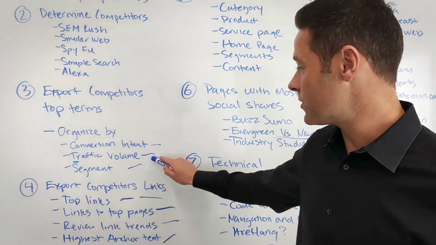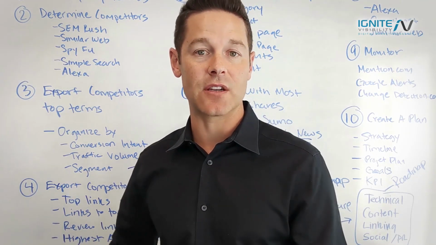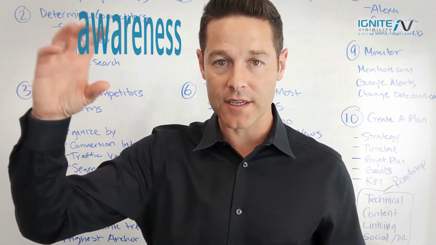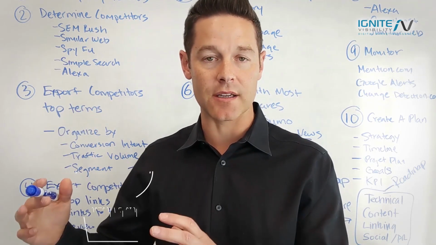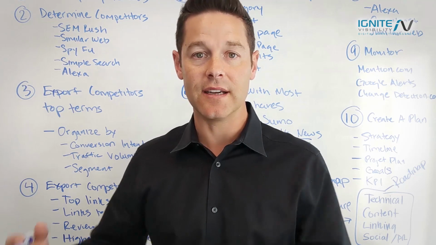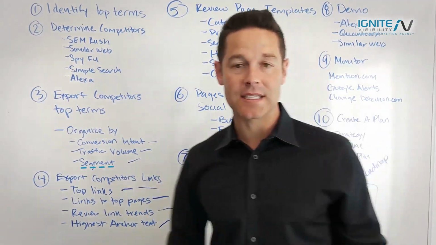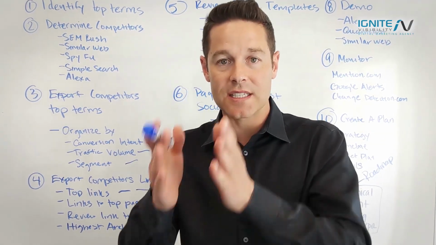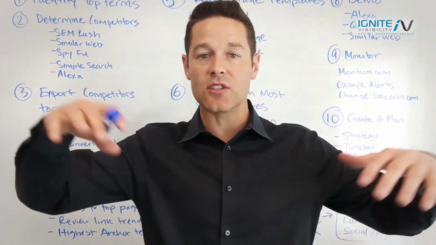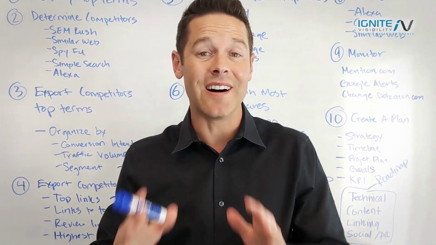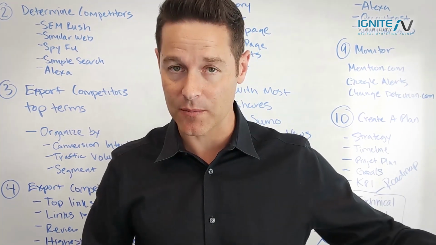Next, look at them by traffic volume and how much traffic they have, and then organize them by awareness, consideration, conversion, and post-conversion buckets so that you have a really good idea of the full funnel. Following that, look at it by segments. What are the subject segments of the keywords? Based off of that, you're going to create this whole keyword universe of all the different terms that you could go after to get great traffic, just like your competitors have.